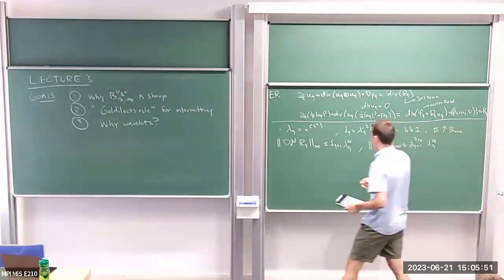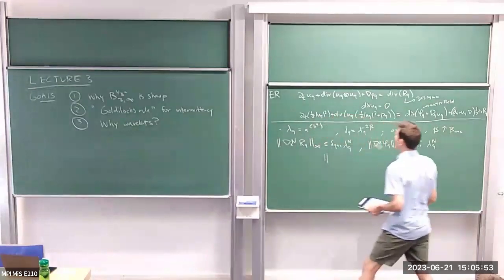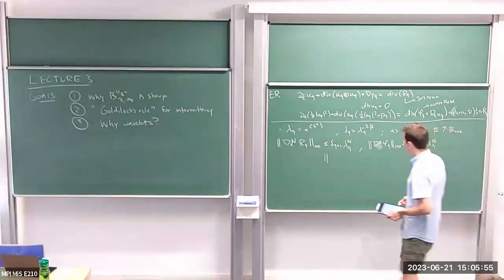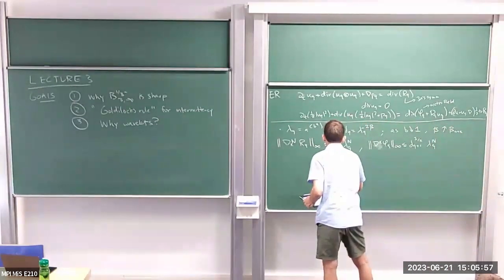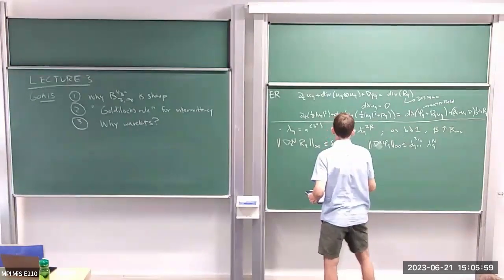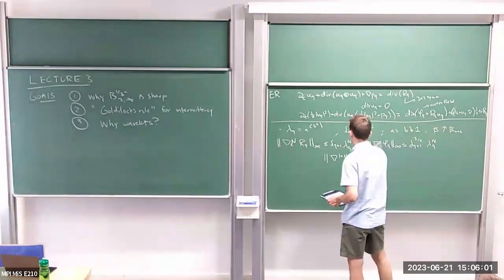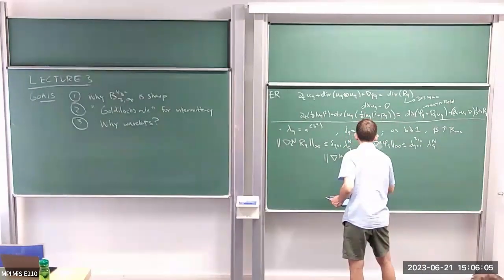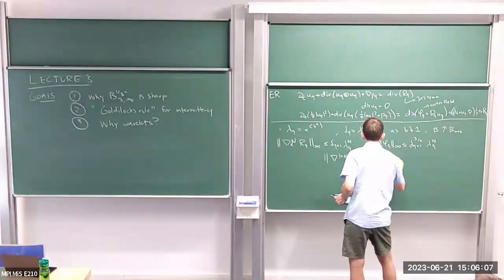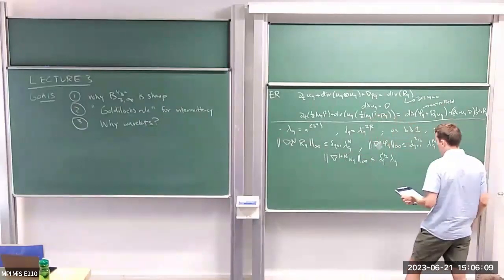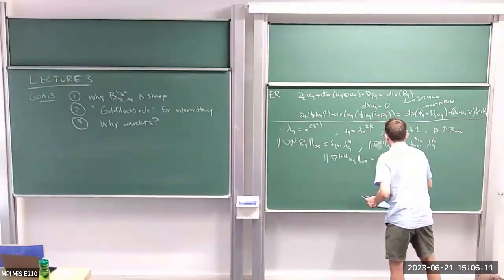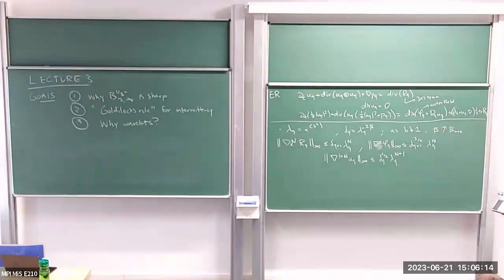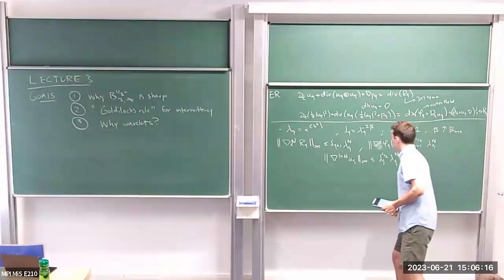And we have an inductive assumption for the size of the velocity field. So the gradient to the 1 plus n in space of uq was delta q to the 1/2 lambda q to the n plus 1. All right.